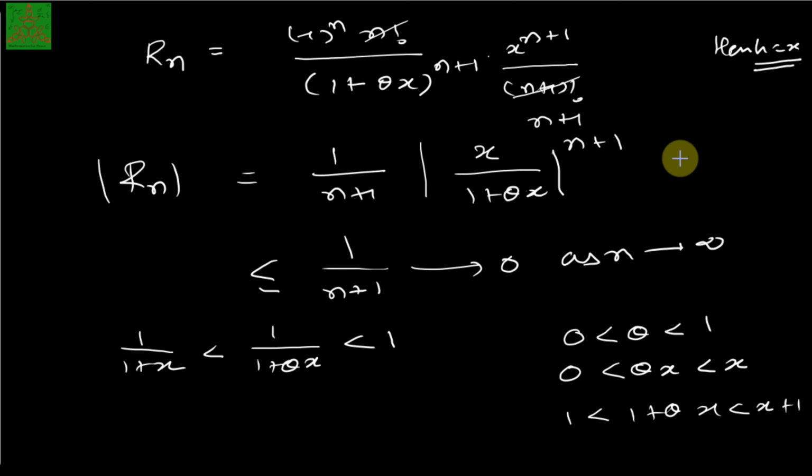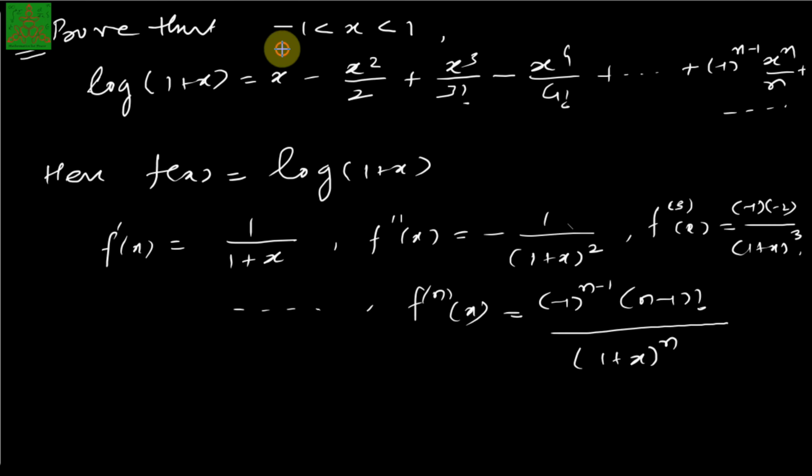And if I multiply by x, this gives me that x upon 1 plus theta x is less than x, and the value of x is always less than 1. That is our given situation, the value of x is between minus 1 and 1.